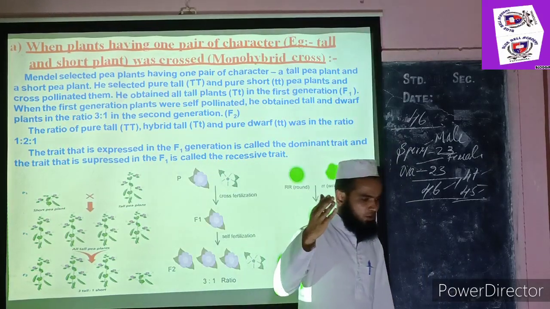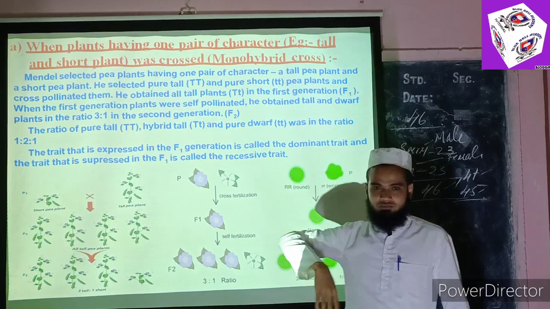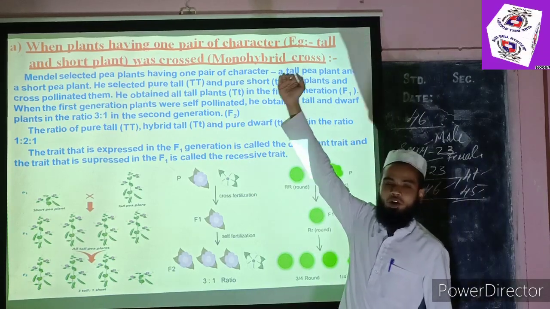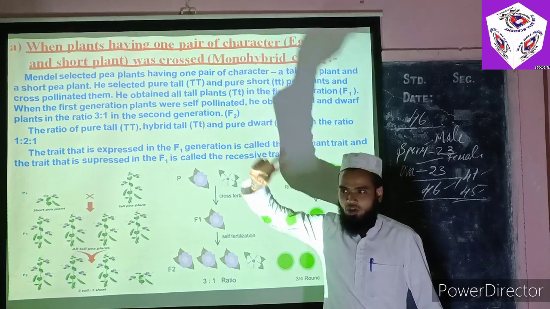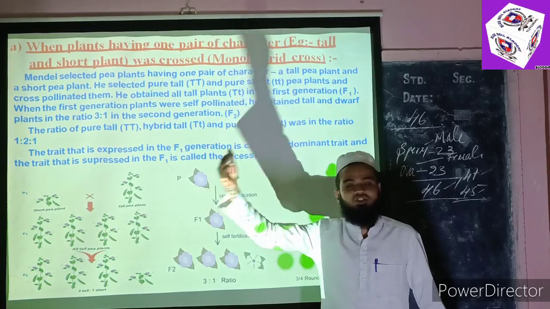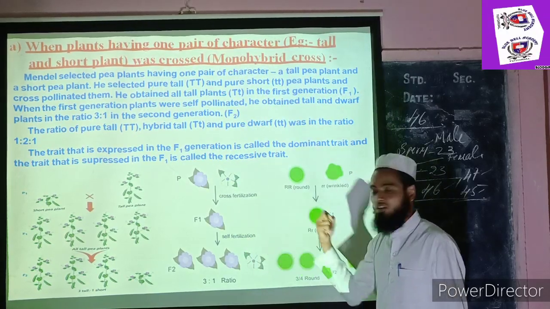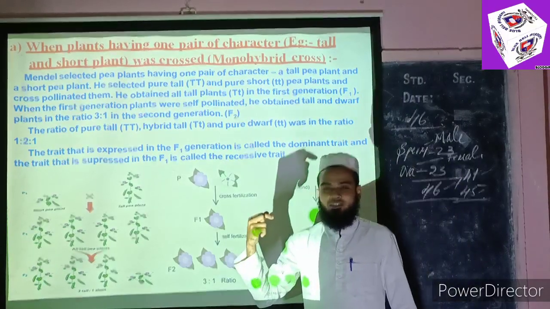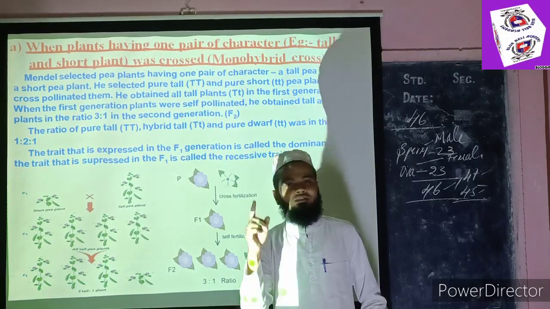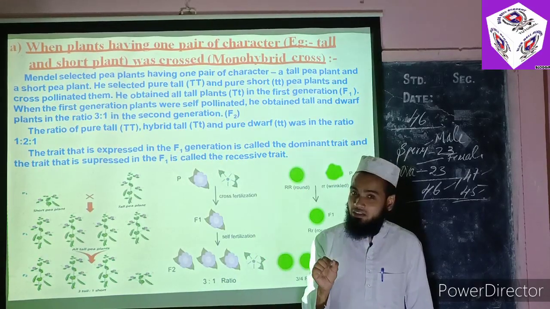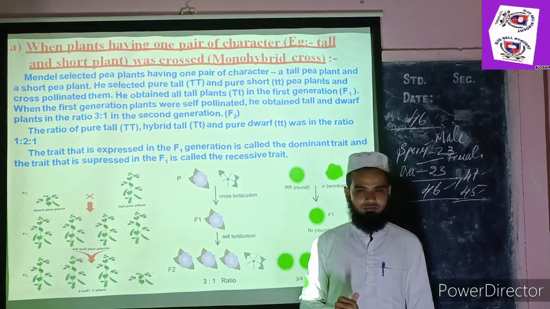If you take the height of humans as one character, we have short and long. In the same manner, for stem length in the pea plant we have tall and dwarf.